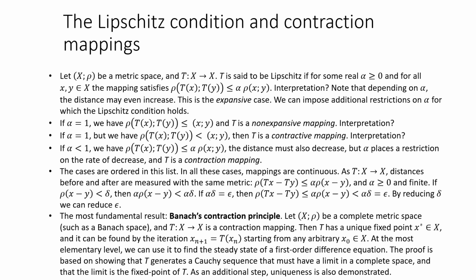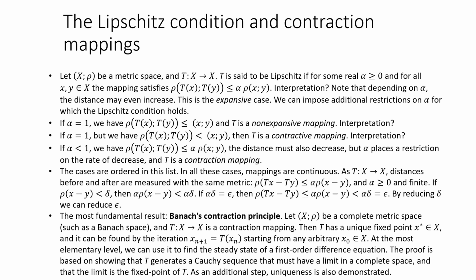So we need to add additional restrictions on the parameter alpha to rule out this possibility. In the next step, we can rule out the expansive case.